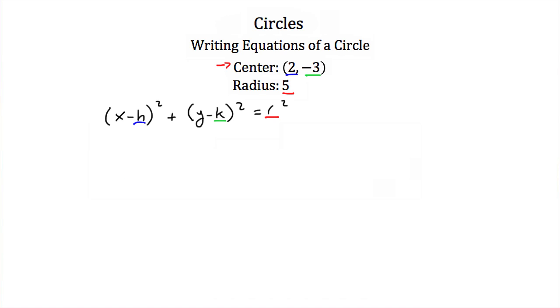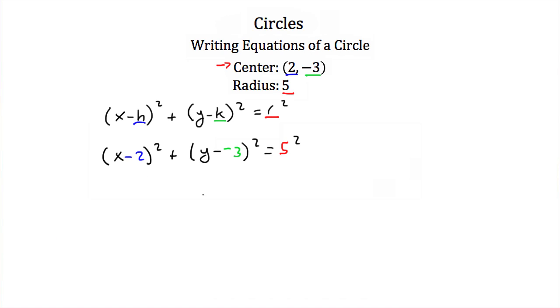So if we plug all this stuff in, we'll have (x minus 2) squared plus (y minus negative 3) squared, and that's equal to our radius, which in this case is 5, squared.